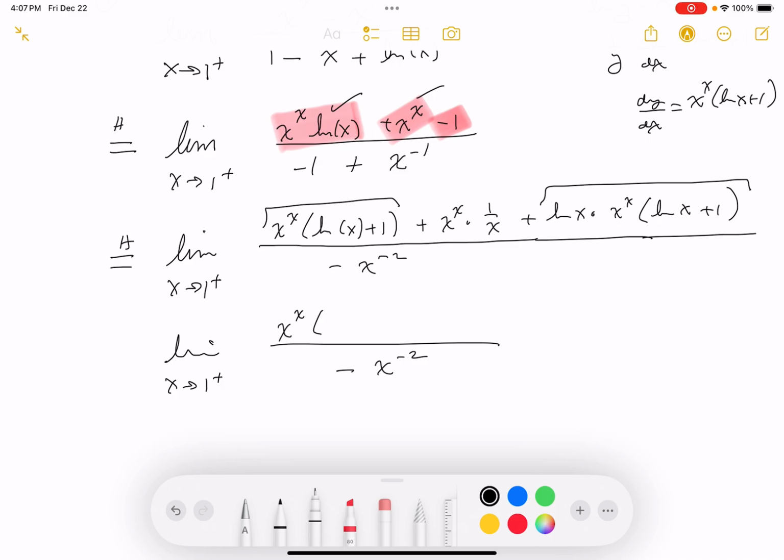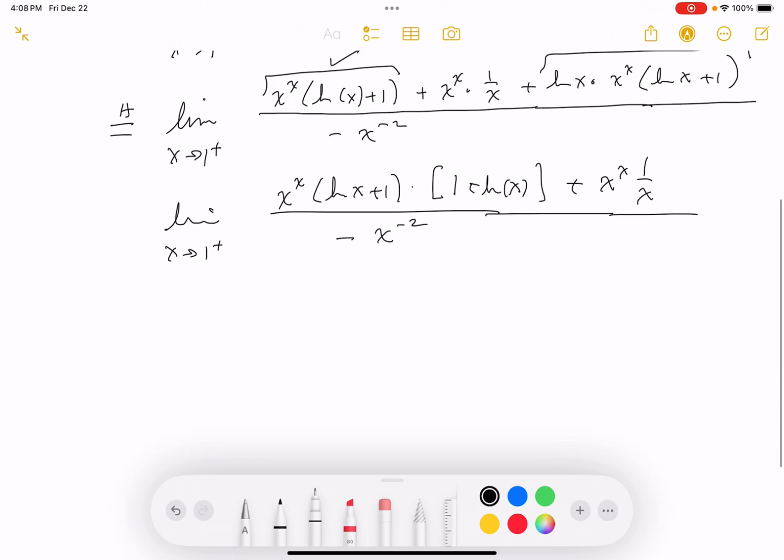And then I get natural log of x plus 1 times 1. That gives me that. And what do I get over there? Oh, look at that, natural log of x. So not so bad. And then what do I get over here? x to the x and 1 over x. Let me keep moving along with this. I'm just simplifying at this point.